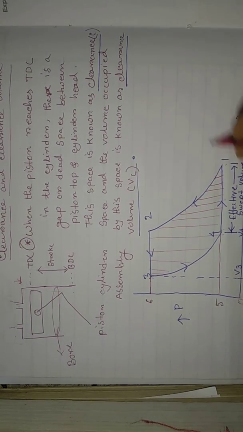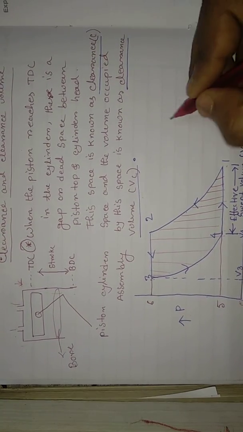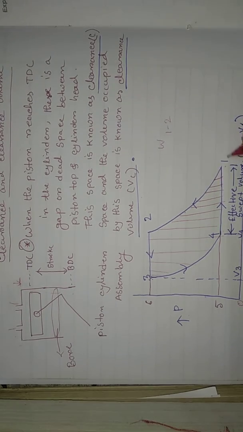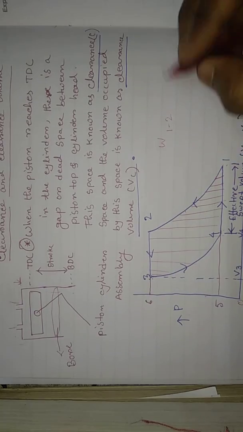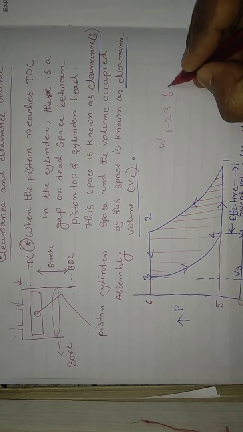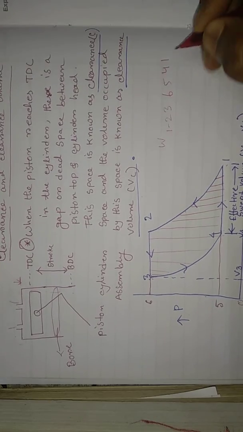Now first calculate the work done required for the cycle 1 2 3 6 5 4 1.